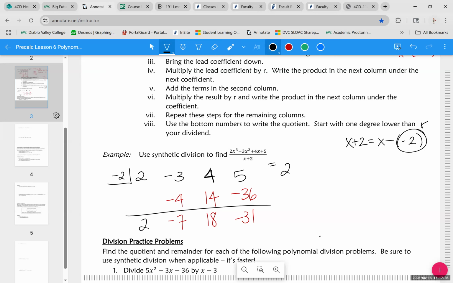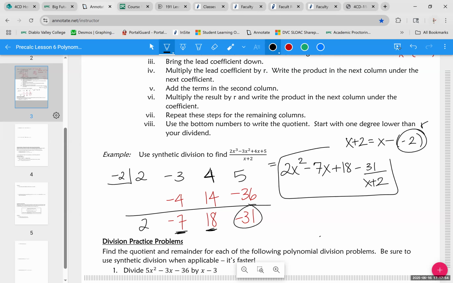This would equal 2x squared minus 7x. I'm just using the next number as the next coefficient, going down by 1 power each time. So plus 18, which will have no x's, and then this is my remainder. And if you double check, that's the same answer we got by doing the polynomial long division.